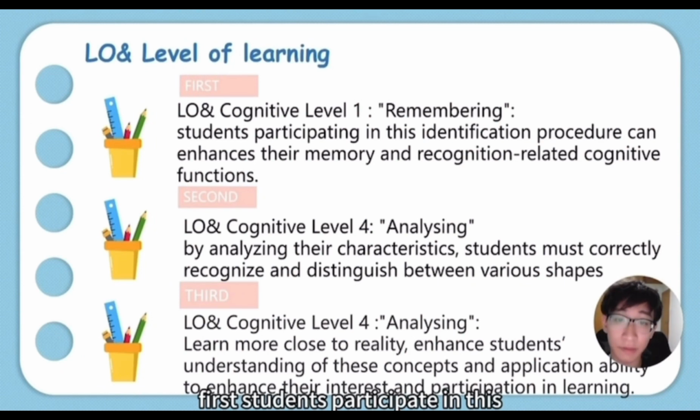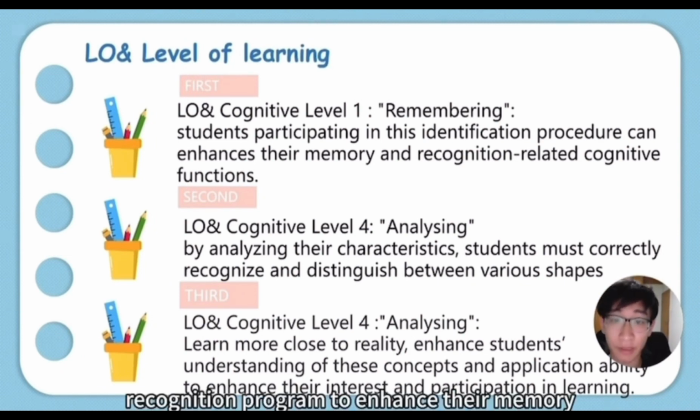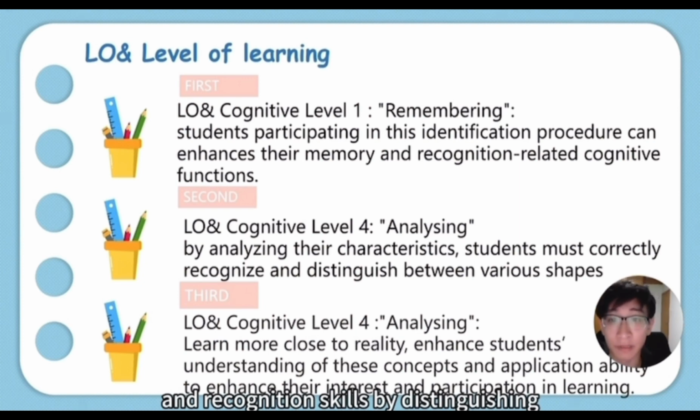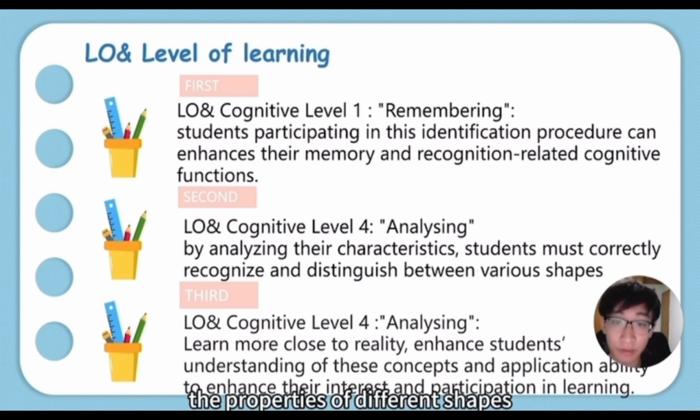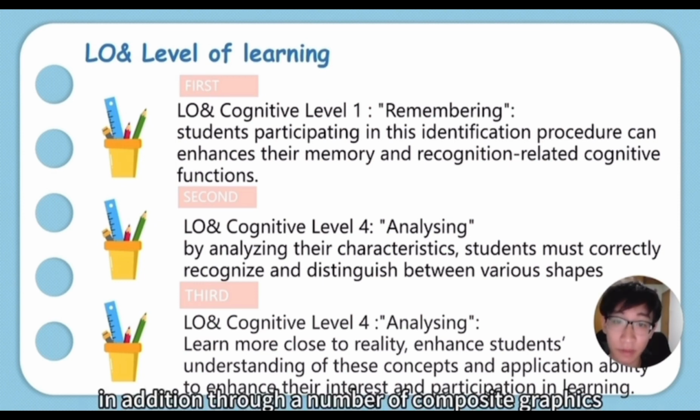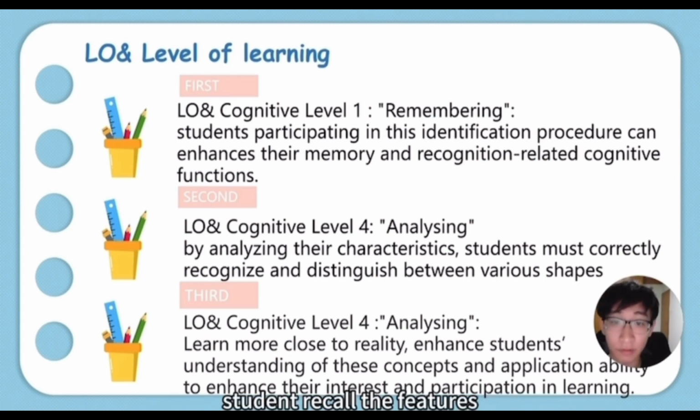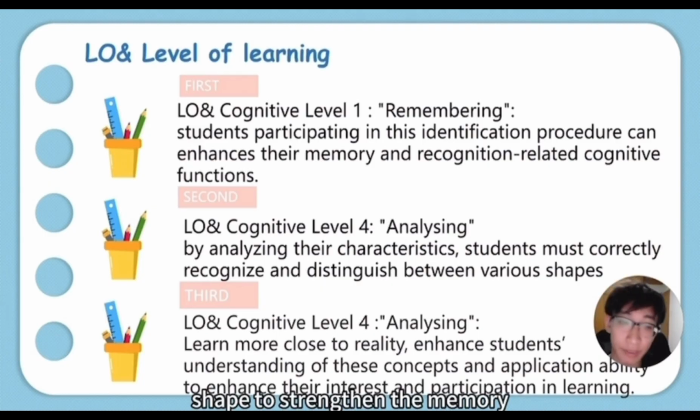First, students participate in this recognition program to enhance their memory and recognition skills by grasping the properties of different shapes. In addition, through a number of computer graphics, students record the features of each specific shape to strengthen memory.